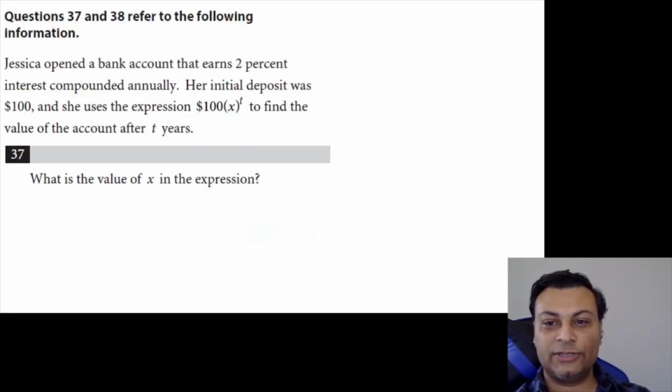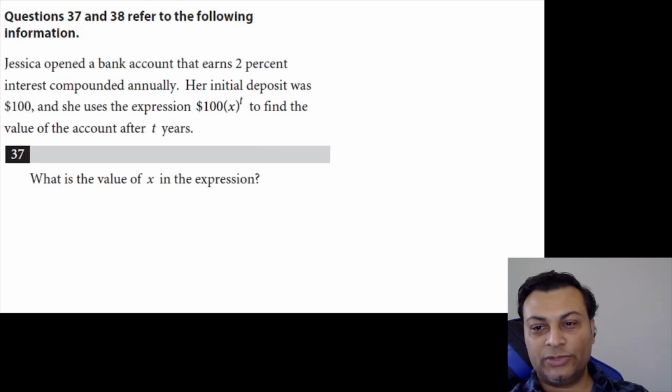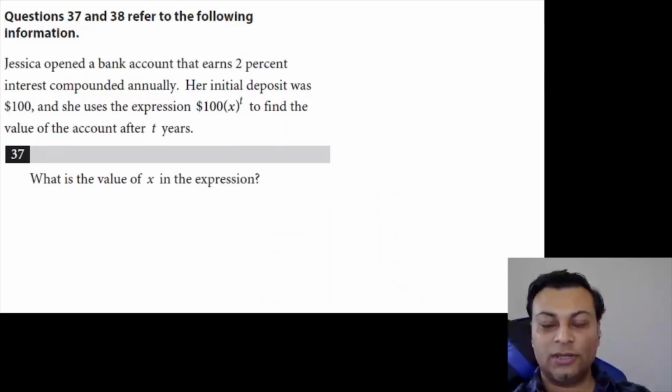Moving on to number 37. Jessica opened a bank account that earns 2% interest compounded annually. Her initial deposit was $100, and she uses the expression $100 times x to the power of t to find the value of the account after t years. What's the value of x in the expression?